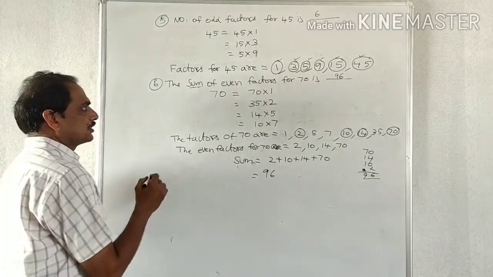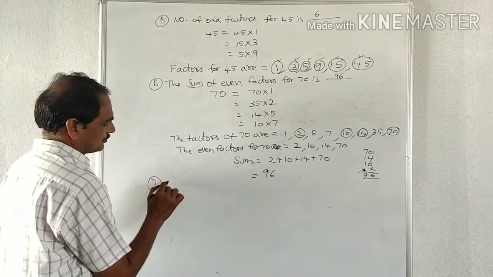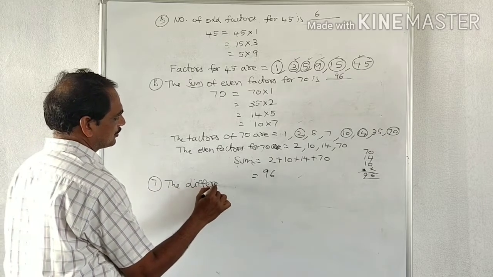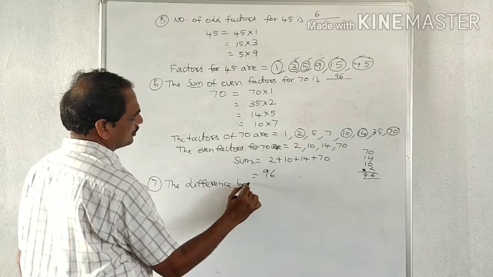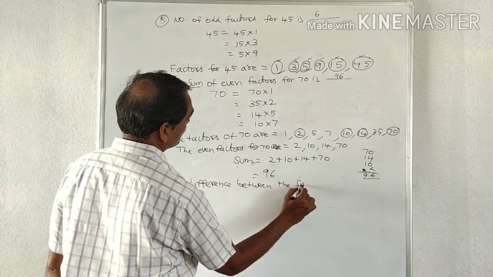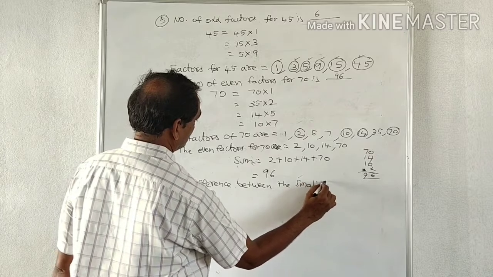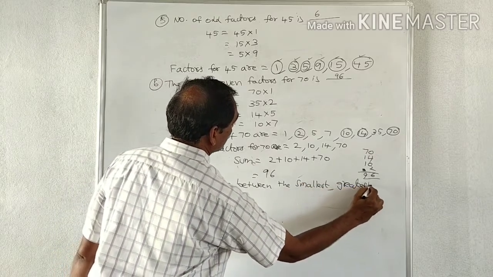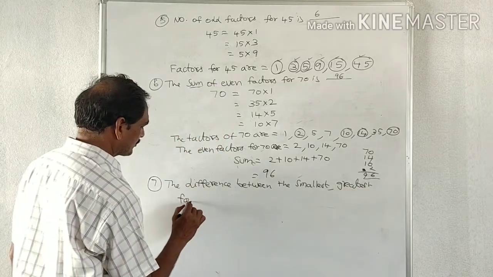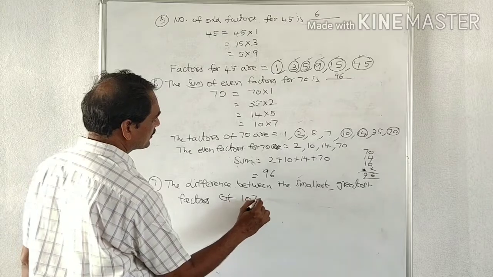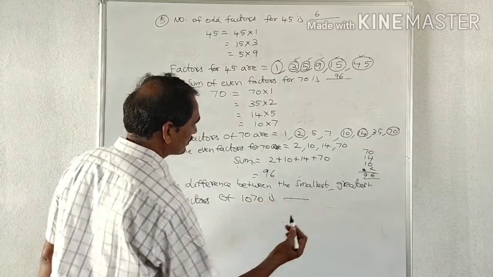Next, the difference between the smallest and greatest factors of 1070 is dash.